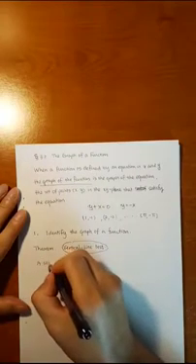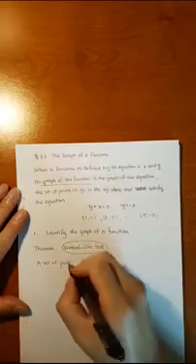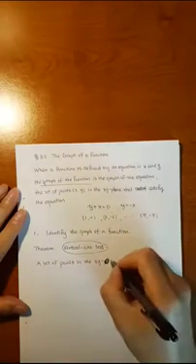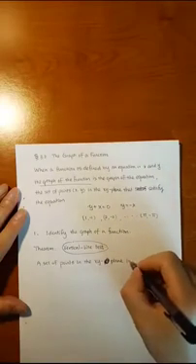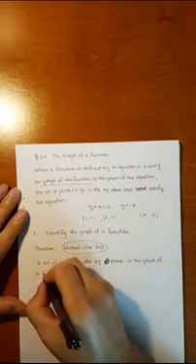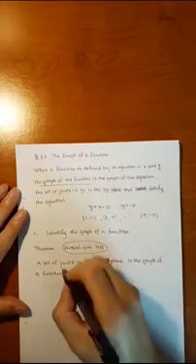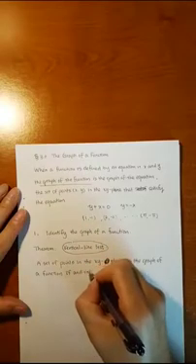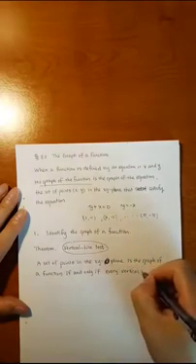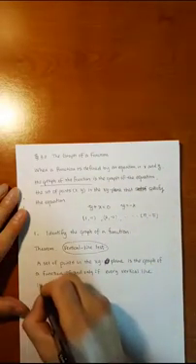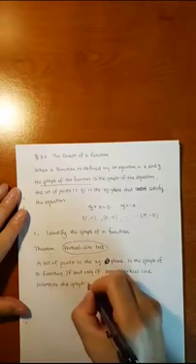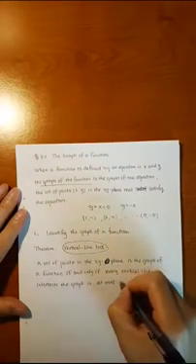A set of points in the xy plane is the graph of a function if and only if every vertical line intersects the graph in at most one point.